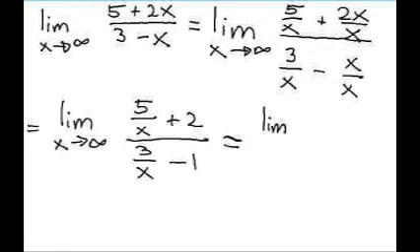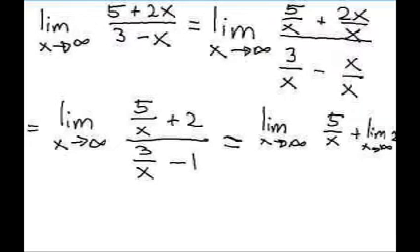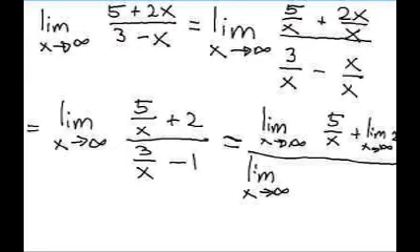Here we end up with the limit as x goes to infinity of 5 over x plus the limit as x goes to infinity of 2, all of it divided by the limit as x goes to infinity of 3 over x minus the limit as x goes to infinity of 1.